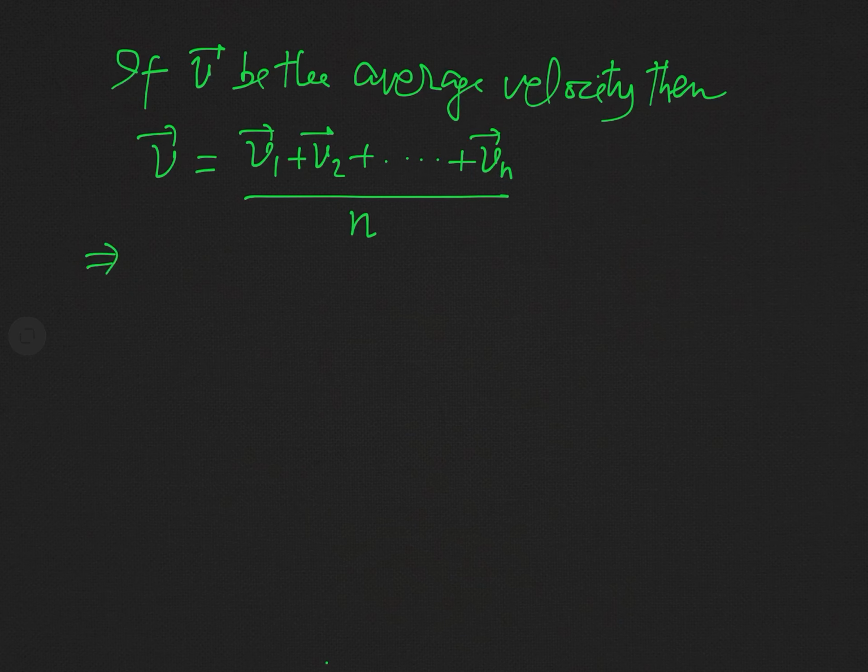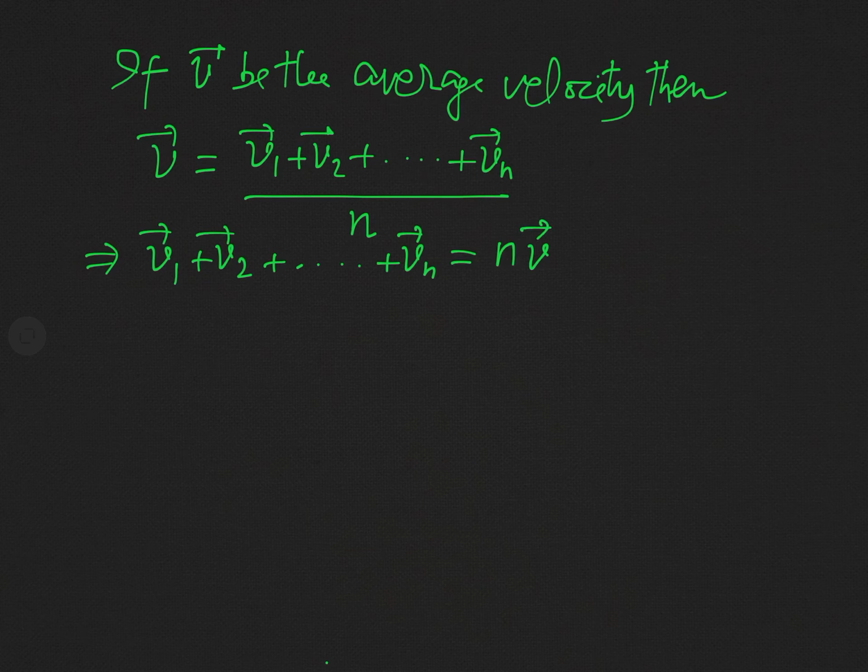And from here you can see that the sum V1 plus V2 plus so on plus Vn will be equal to n into V.